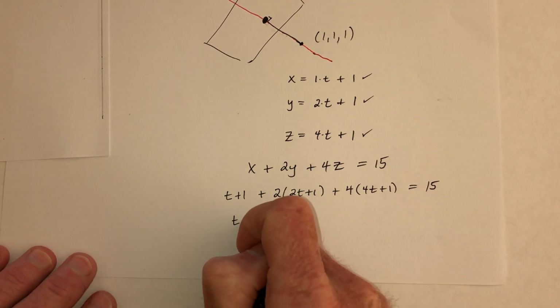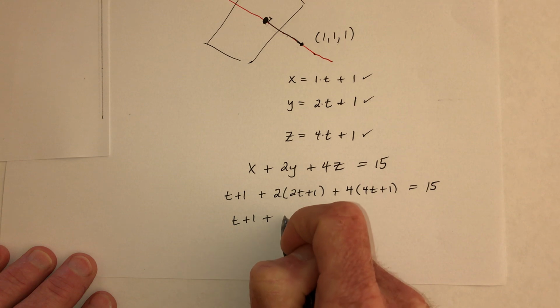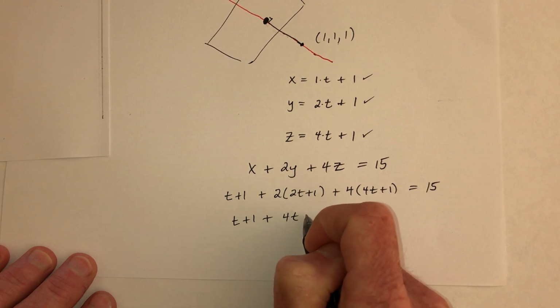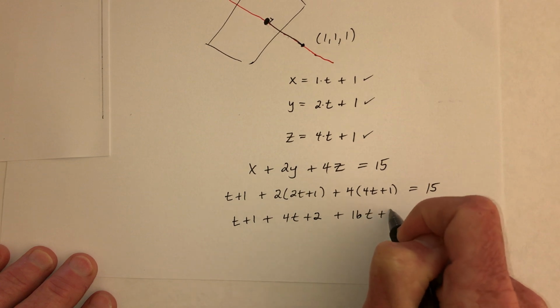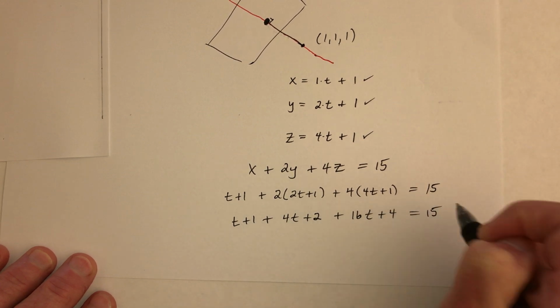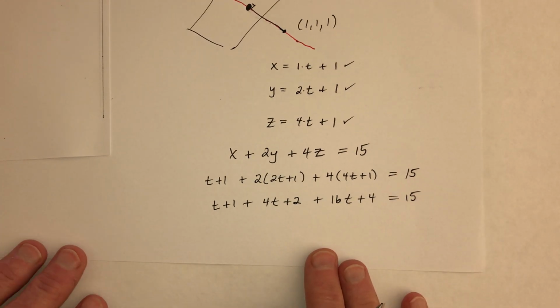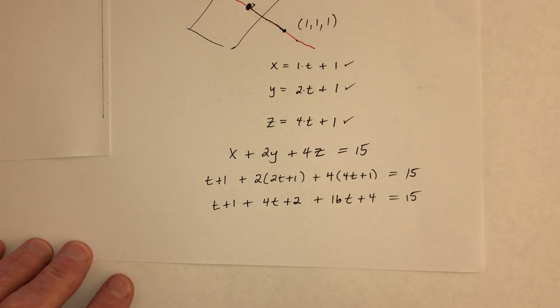So this is t plus 1 plus distribute, so that's 4t plus 2, 16t plus 4 equals 15. And now I know that I'm very close to being done.